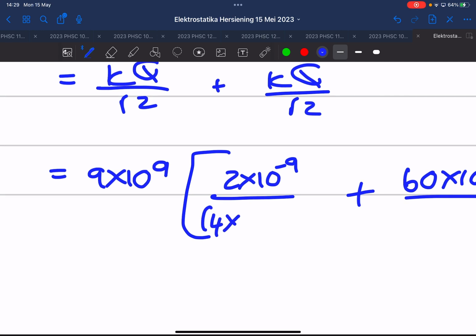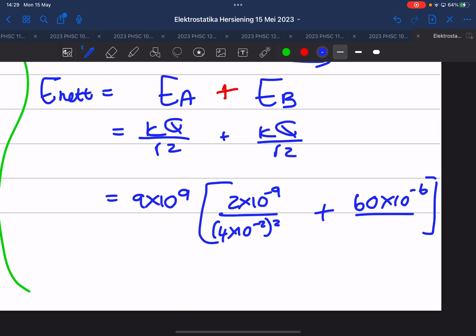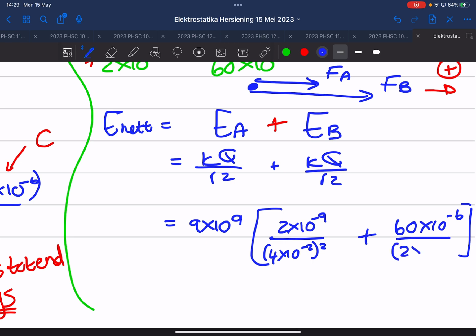So it's 4 times 10 to the power negative 2 squared. And for B, it's just going to be 2 times 10 to the negative 2 squared. Kry julle ook 1,35 maal 10 tot die mag 9?